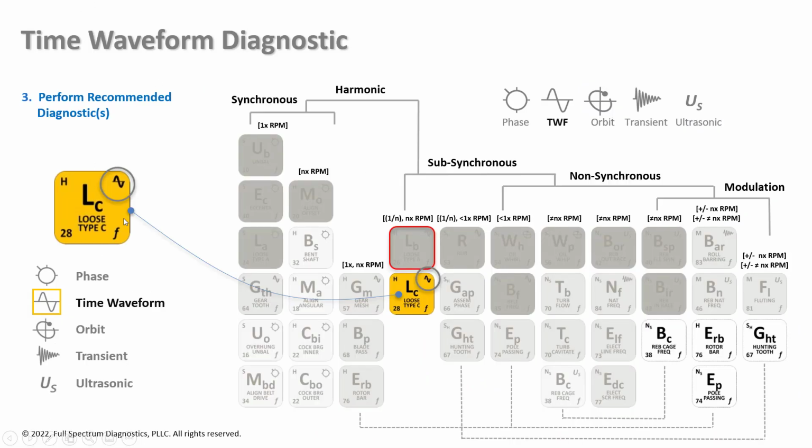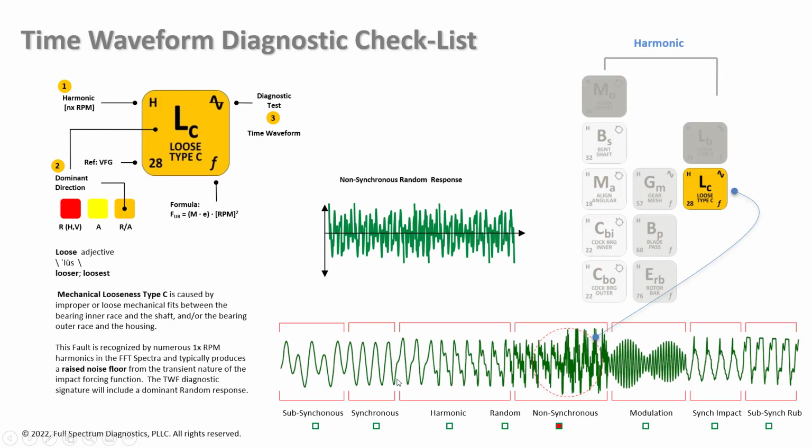The mechanical looseness type C, also a time waveform. Let's see what we can do with that. It shows up as kind of a random harmonic response. So you see all the different frequencies lining up, the 1 through 6, but you also see a noise floor underneath that. So the noise floor is this random response of the shaft moving and chattering inside the clearances of the bearing.